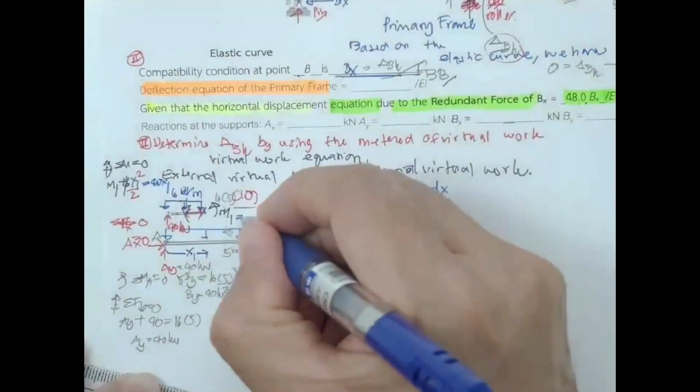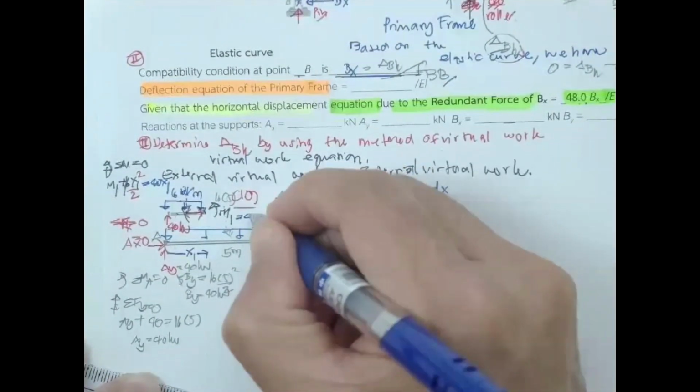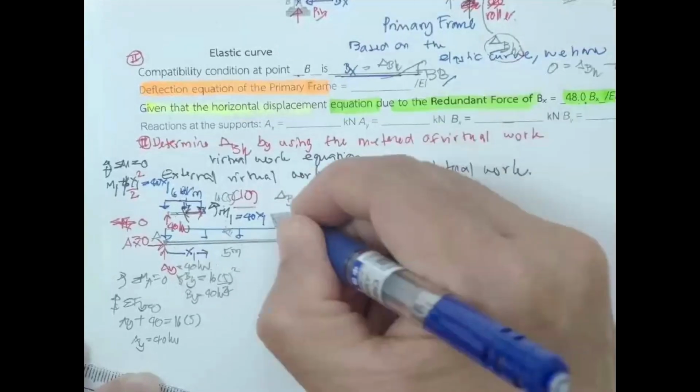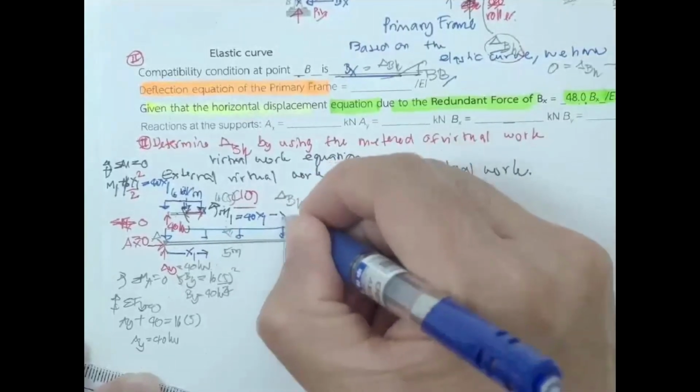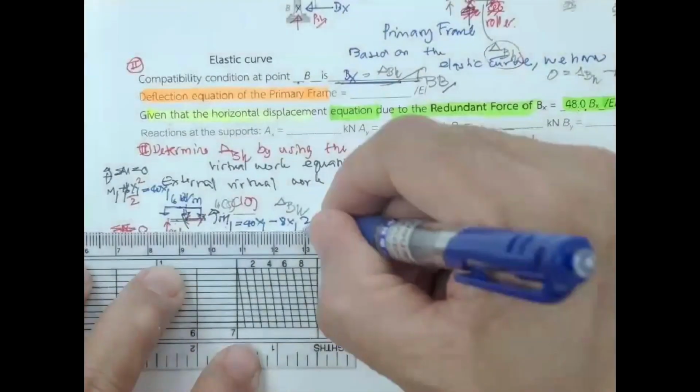So capital M1 is going to be 40 x1, and then minus 8 x1 square.